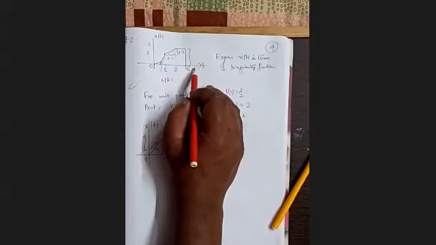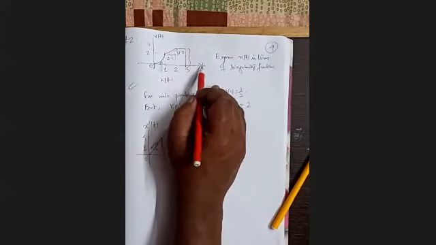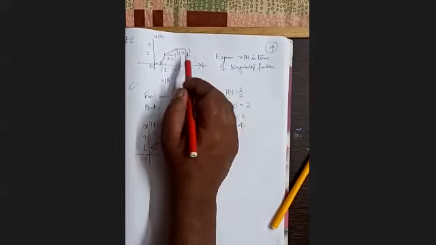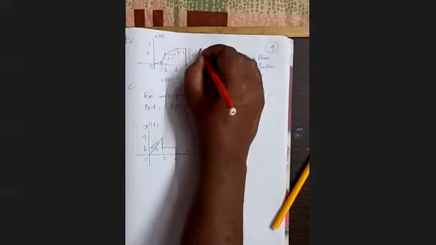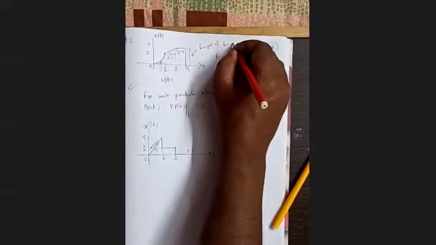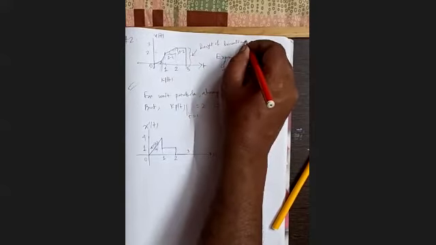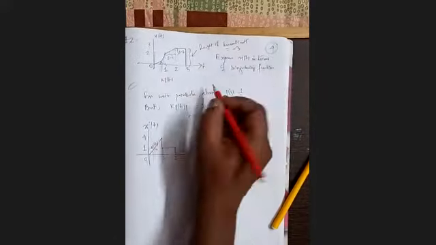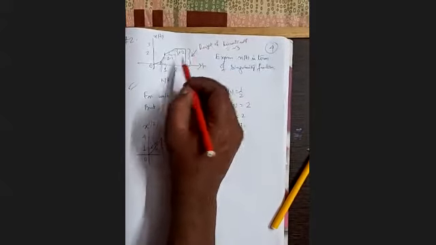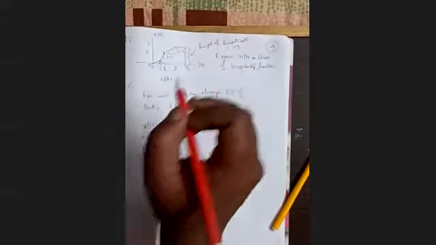Now right neighborhood value, right of 3, its value is 0. But left of 3, its value is 3. So 0 minus 3. So its height of discontinuity is minus 3. At 3 plus, its value is 0. At 3 minus, its value is 3. So 0 minus 3, so minus 3.